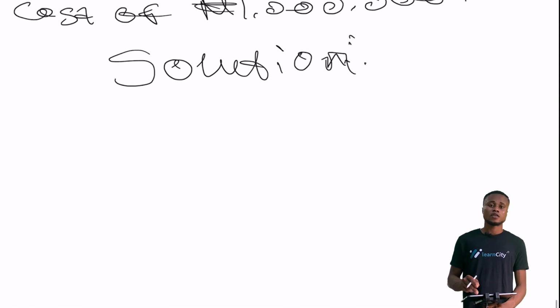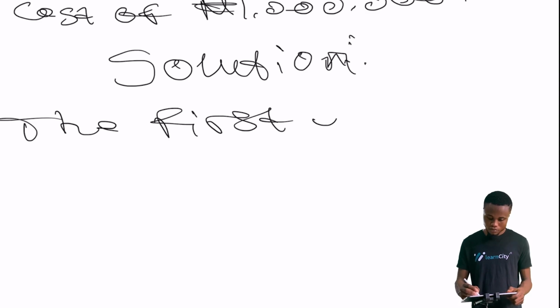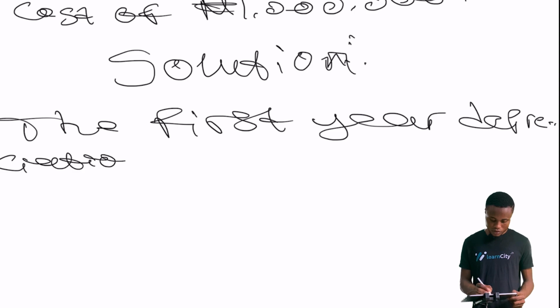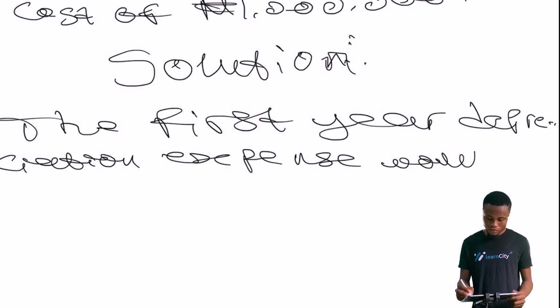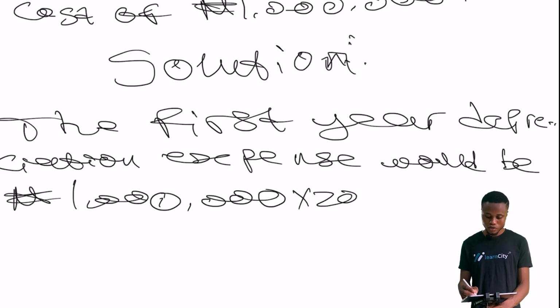So if we want to solve this, we have to take them one year in and year out. So the first year depreciation expense, let me try and write it. The first year depreciation expense will be 1 million naira multiplied by the 20%.